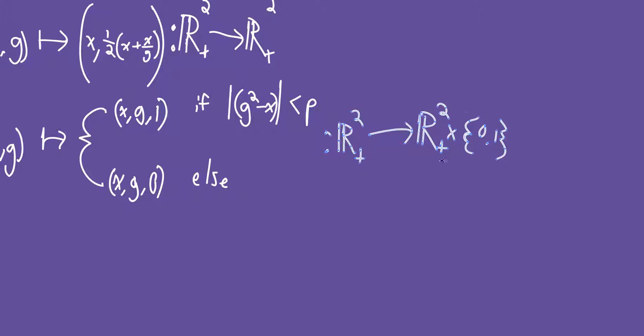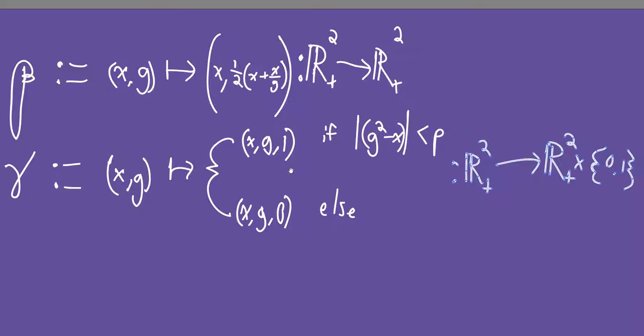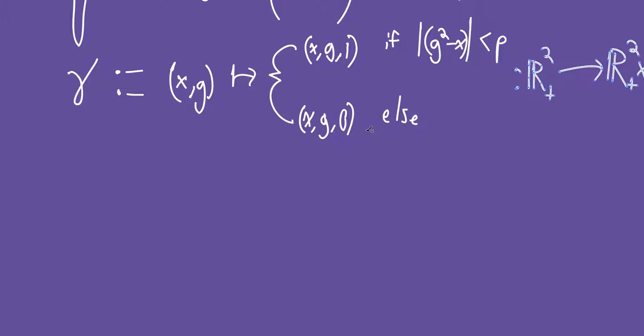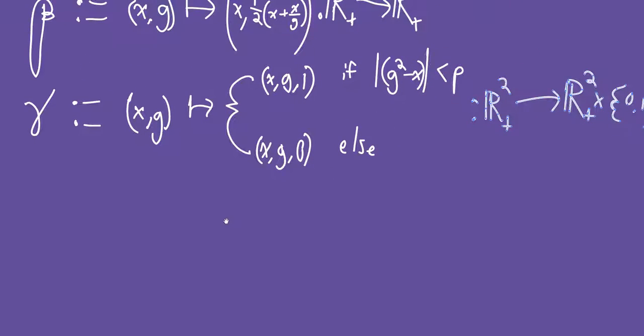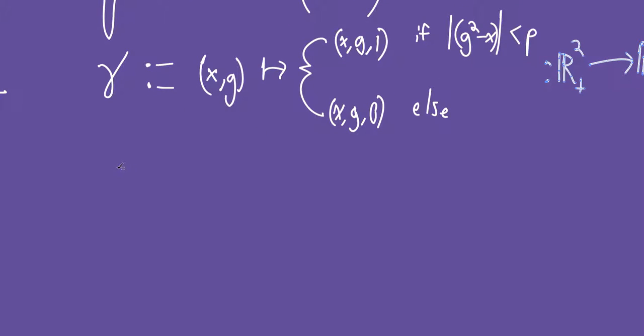Our range when we're returning a 3-tuple looks like this, and just skipping ahead, we use 0 and 1 to represent Boolean information. So this is standing in for what's eventually going to amount to true and false in our code's conditionals when we implement. So with beta and gamma, let's just make delta.